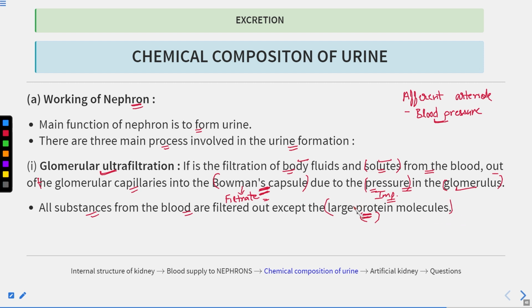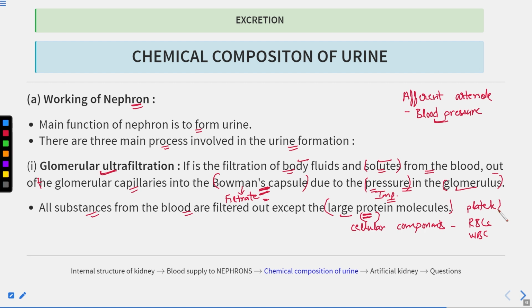And you can say the cellular components, RBCs and all, as well as the large protein molecules. What are the cellular components? Cellular components are RBCs, WBCs, platelets.